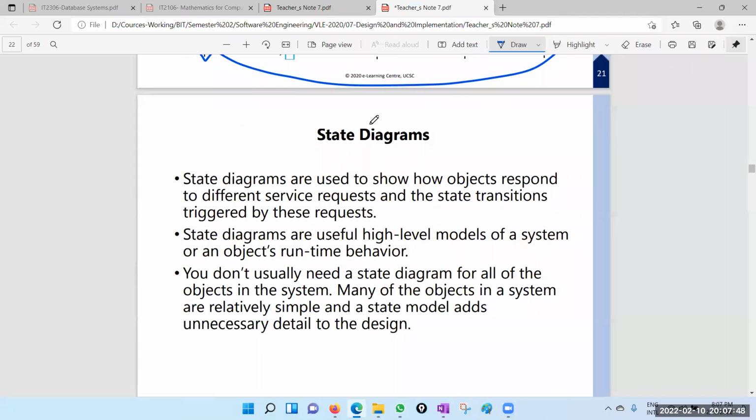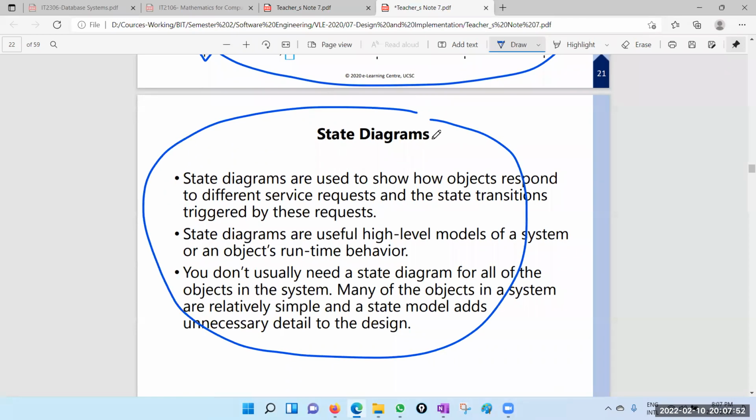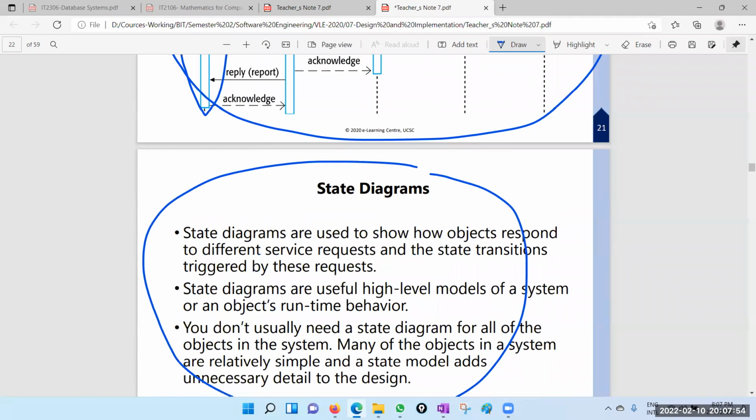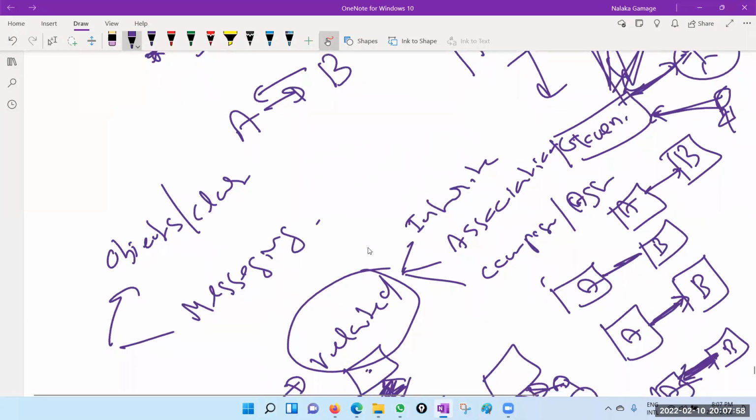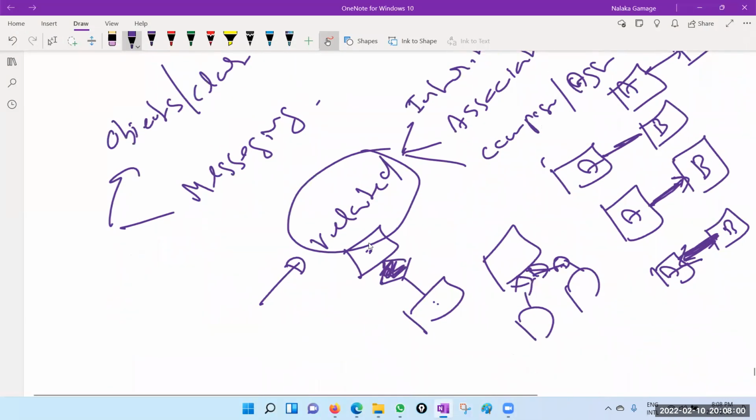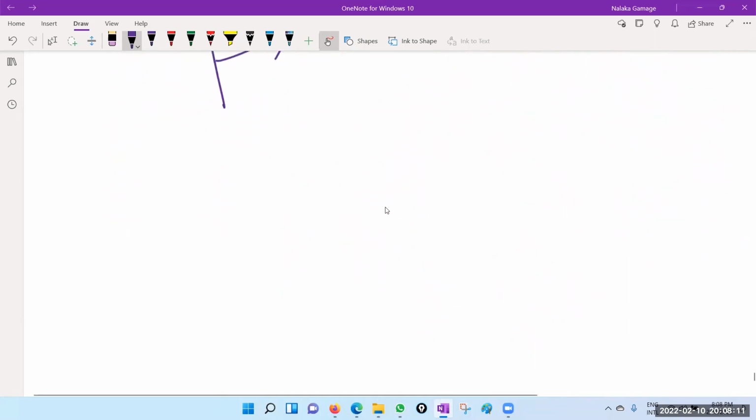Okay. So then we have another type of diagram called state diagrams, because some of these classes will go through some state transitions. Not every object, actually, but the major domain objects can go through state transitions. It's something like how we humans go through state transitions.